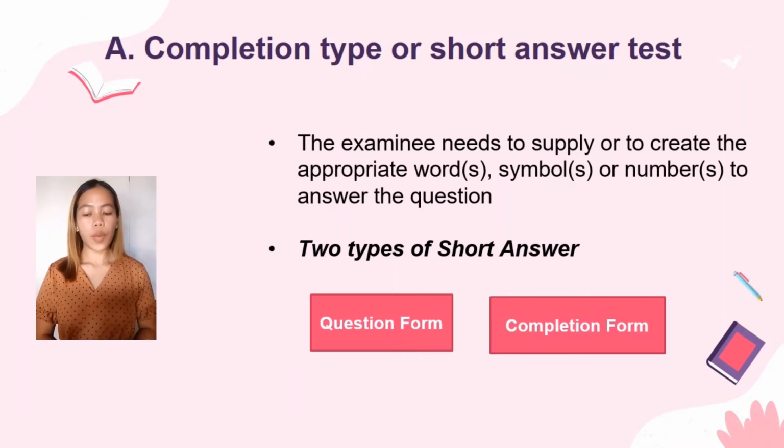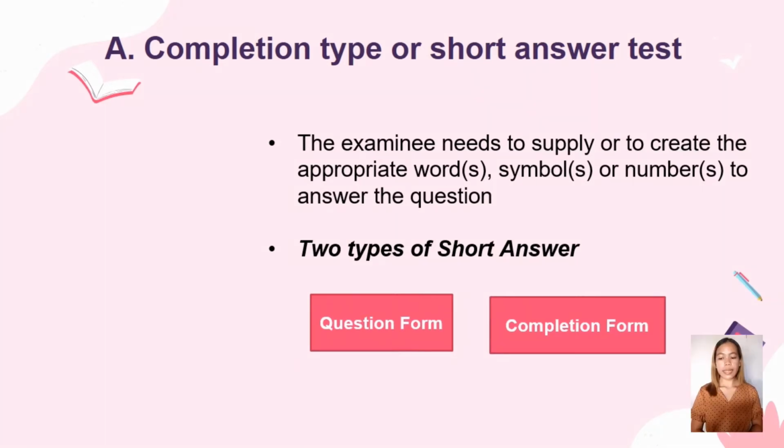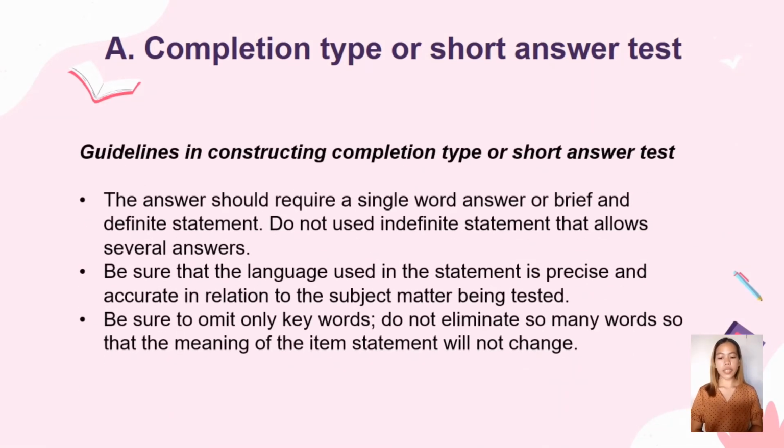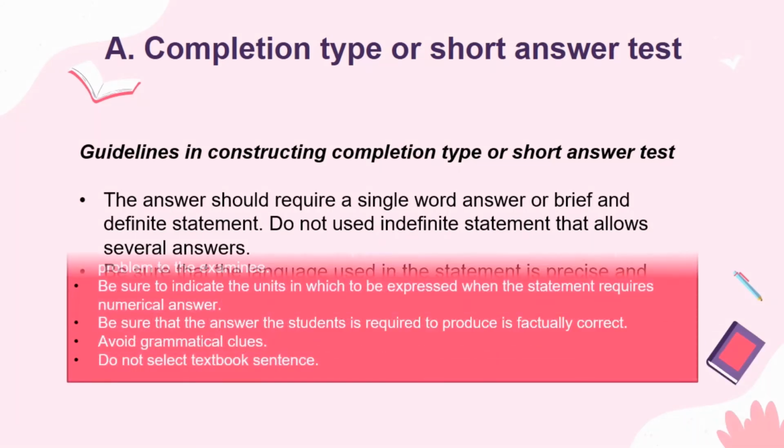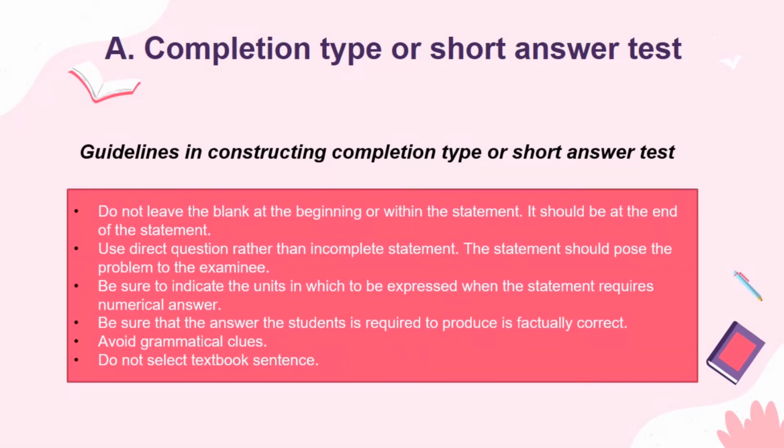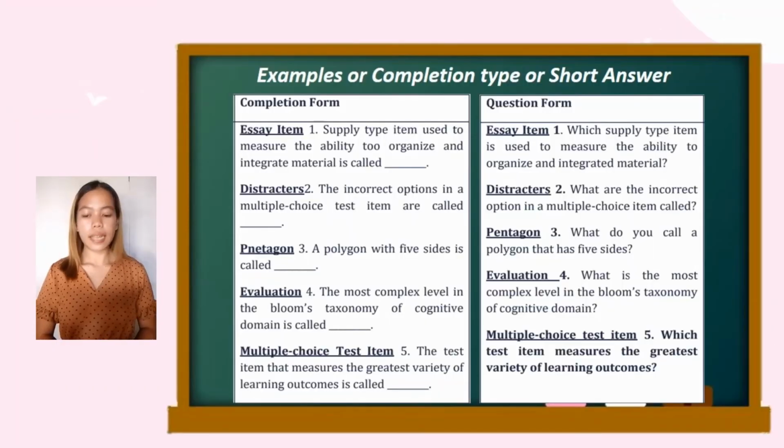There are two ways to construct the completion type or short answer type of the test: question form or completion, the statement form. This is the guidelines in constructing completion type of short answer. This is an example of completion type of short answer.